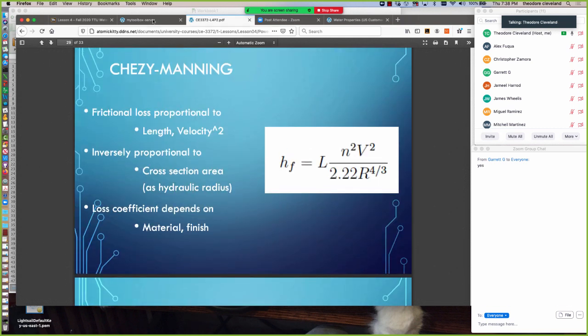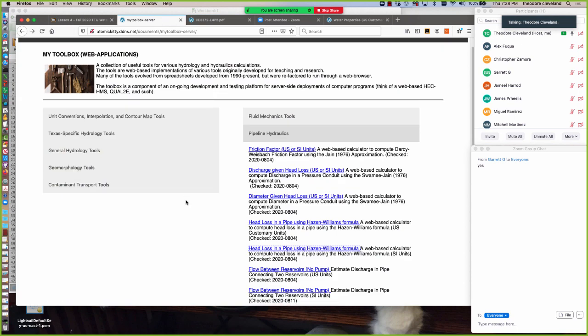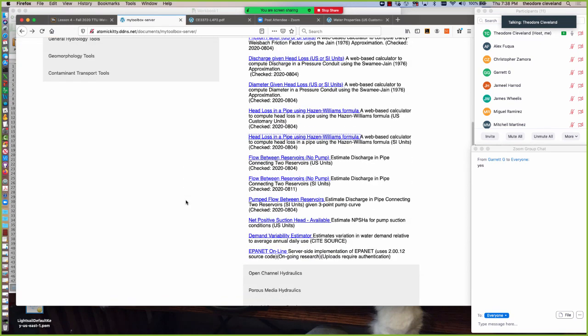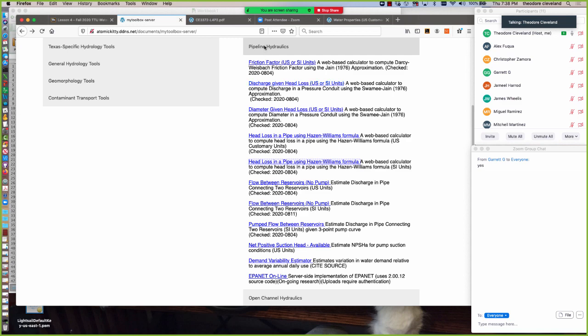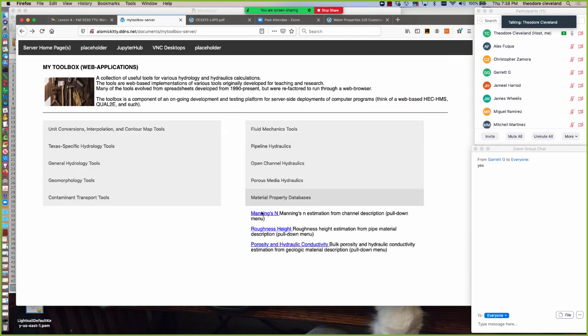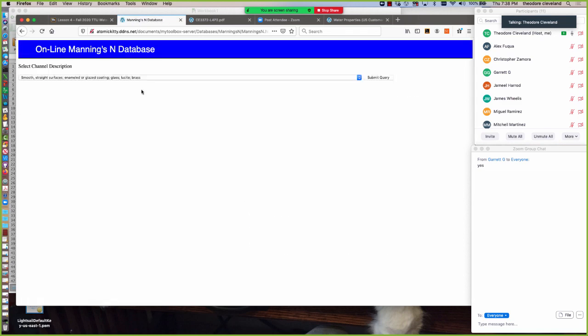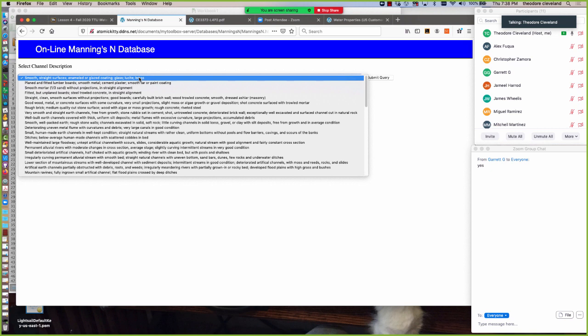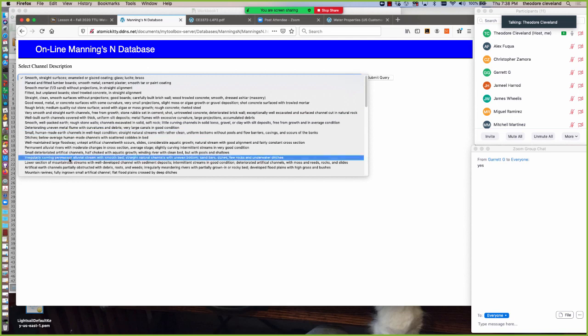And to find those loss coefficients, I don't have a Manning's calculator prepared, but I do have a Manning's n database. Here's what Manning's n databases look like. They are descriptive.